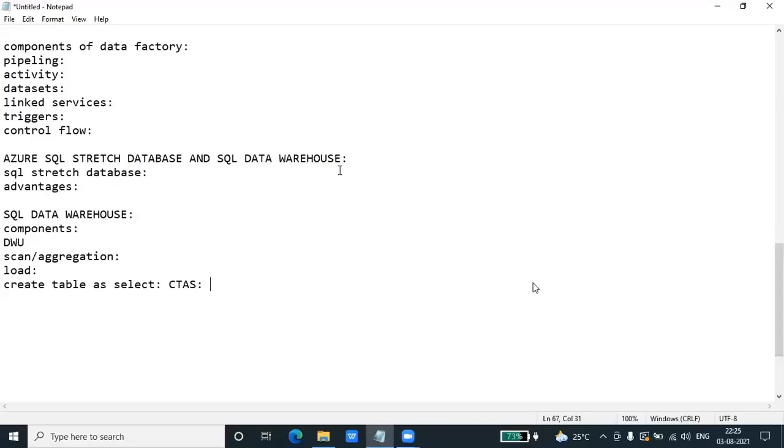So then what are the types of cloud services? You can see in the diagram, we have software as a service, platform as a service, and infrastructure as a service. The infrastructure as a service can be AWS Elastic Compute Cloud, EC2, then we have Microsoft Azure, then Google Compute Engine.